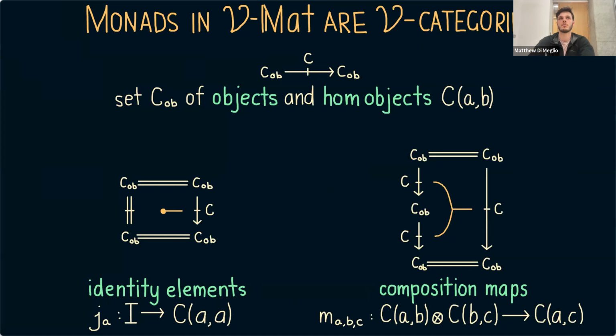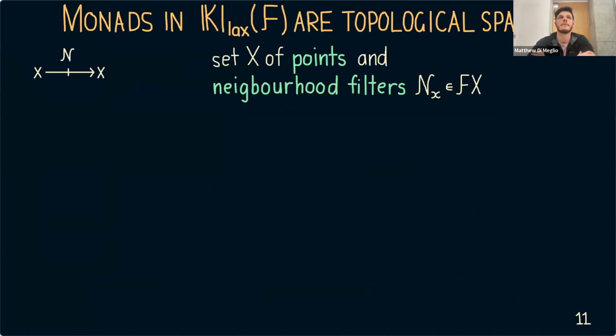So moving on, we're going to look at monads in this lax Kleisli double category of the filter monad, and these turn out to be topological spaces. So how does that come about? Well, recall that a monad in this double category should be an endo-pro-arrow.